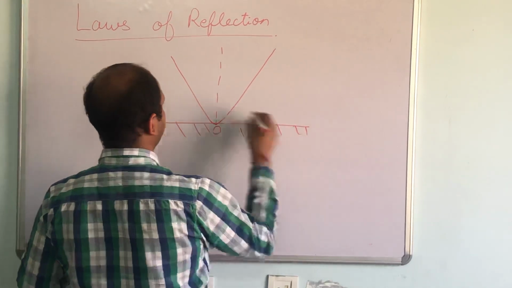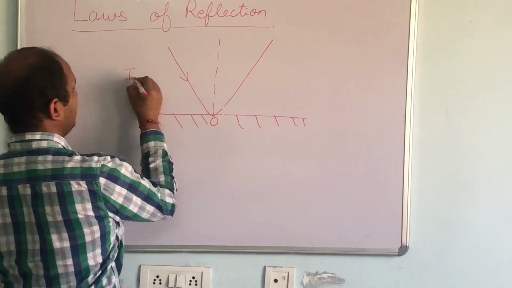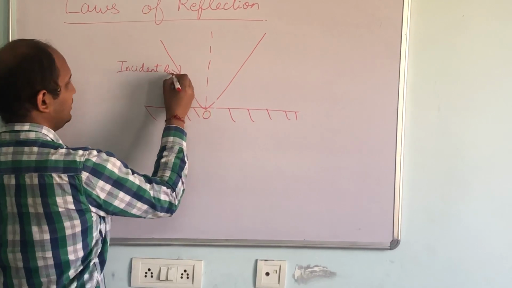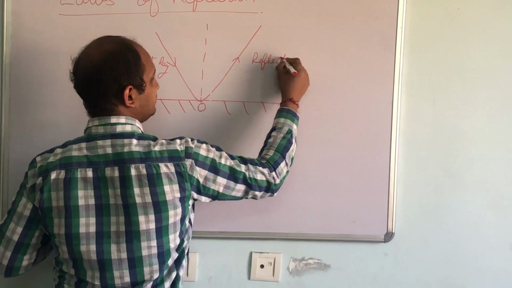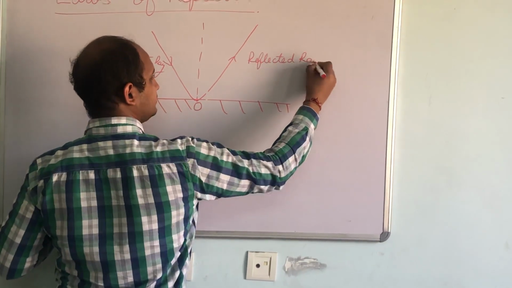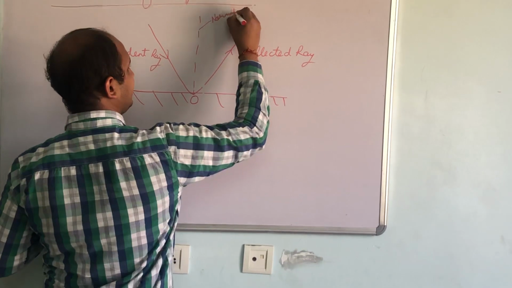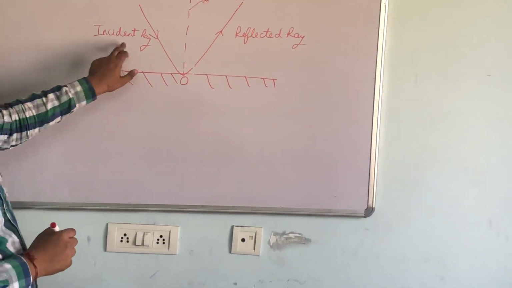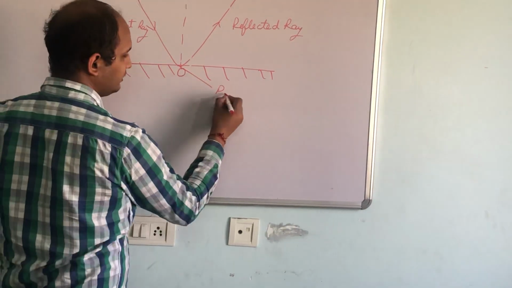This is a diagram. This light ray we call the incident ray. This is the reflected ray. And this is the normal, which is at an angle of 90 degrees. Now, this incident ray is falling on this point, that is known as the point of incidence.